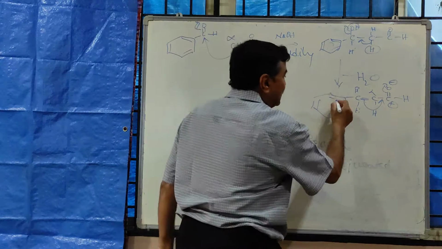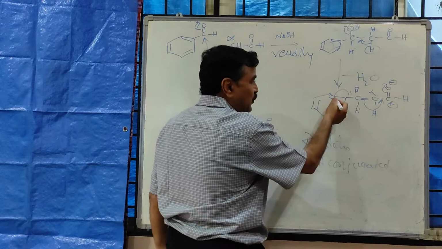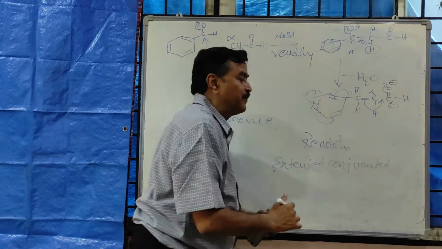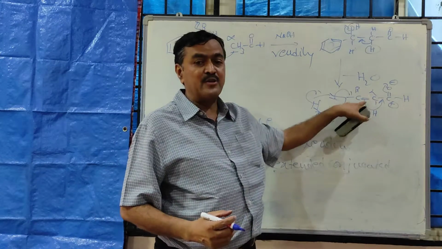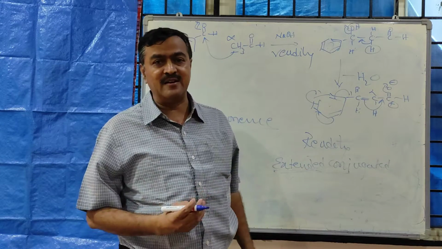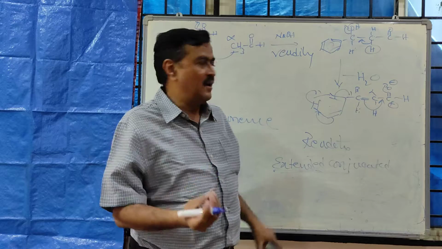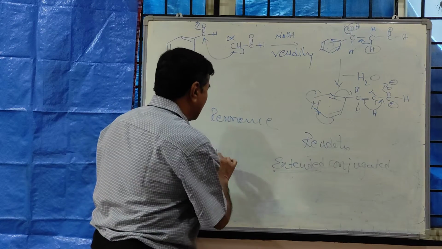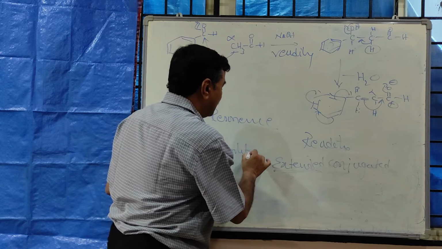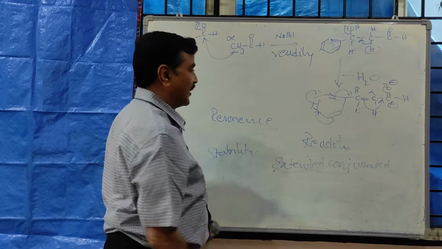Once it comes, this also moves, to neutralize. This will move. That means in case of any distress or demand, the other double bonds present alternately will respond, and thus it leads to extended conjugation and extended stability.